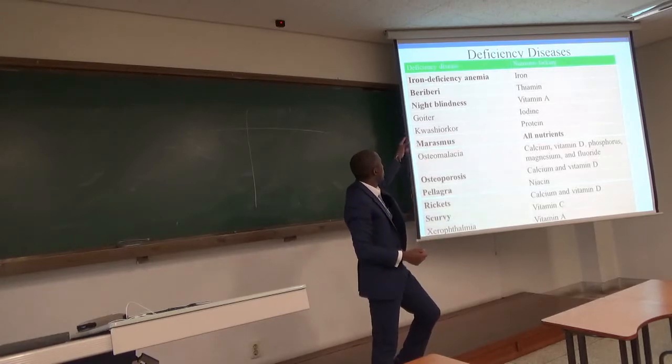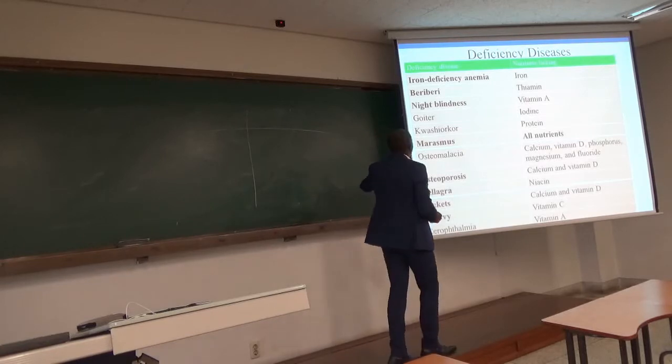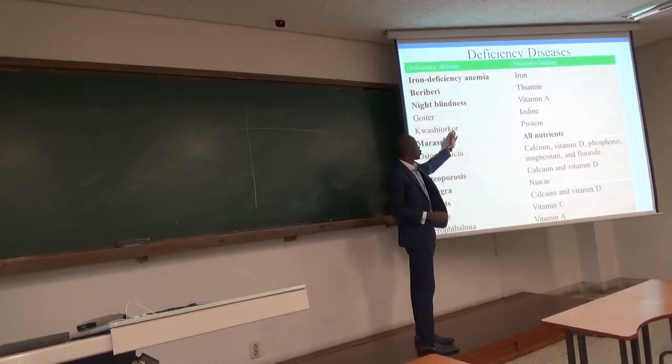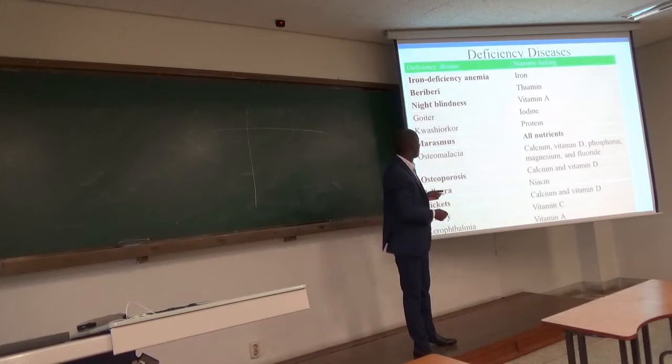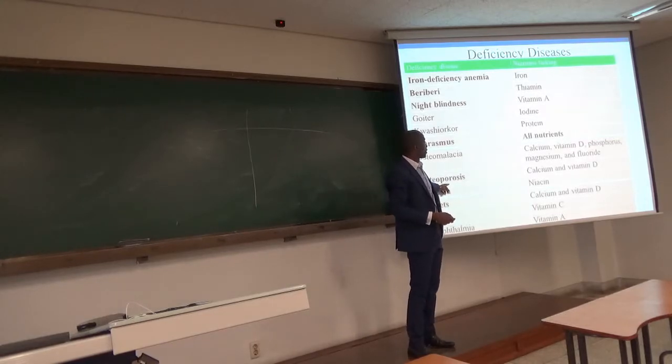Problem with thiamine, night blindness associated with vitamin A. Like we see, I skip some of them, even though I talk about kwashiorkor. If those were in nutrition class, we will look at it because it's an example of a nutrient or protein deficiency. Marasmus, cases of really complete nutrient deficiency. And then we have osteoporosis here, calcium and vitamin D.